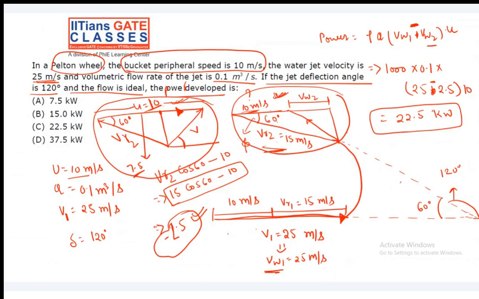And one shortcut yesterday we have seen, the formula was directly reduced to what? That power was rho q into (V1 minus u) into (1 plus cos phi) multiplied by u.